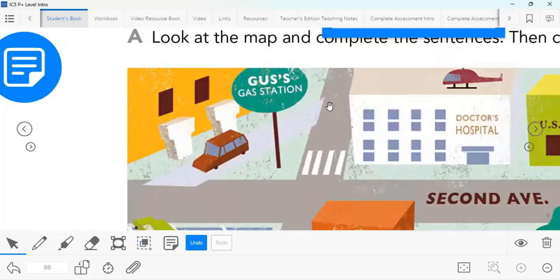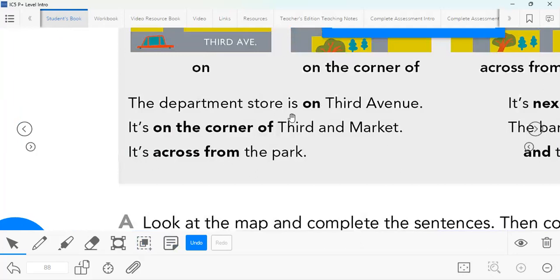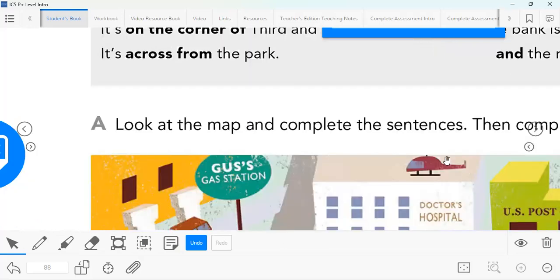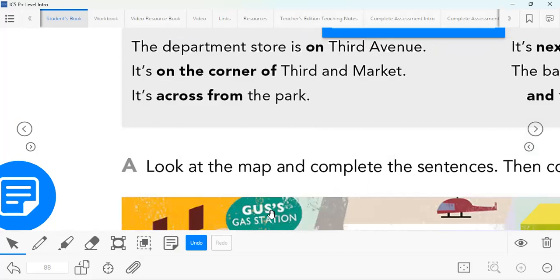But the best, because it's the most specific, is on the corner of. So when we mention just one street or one avenue, we say just on. I don't know if you have any question about on and on the corner of. According to your answers, I think it's clear.